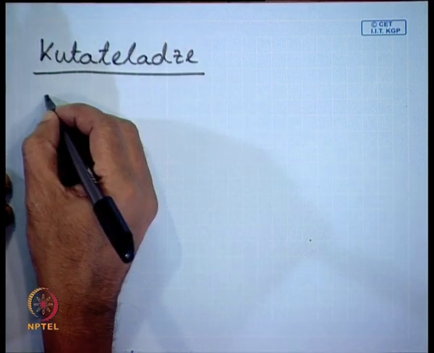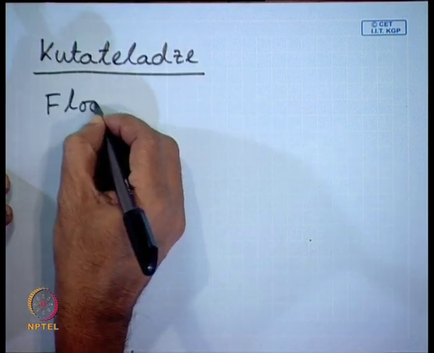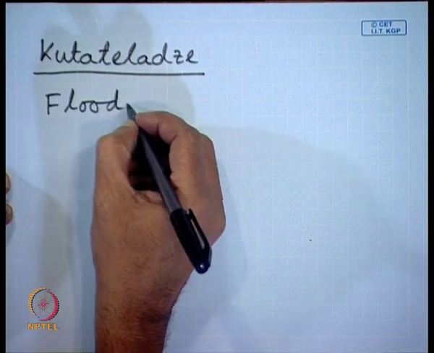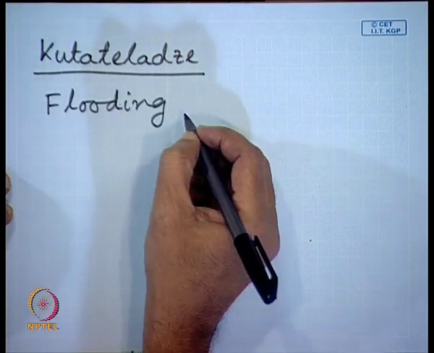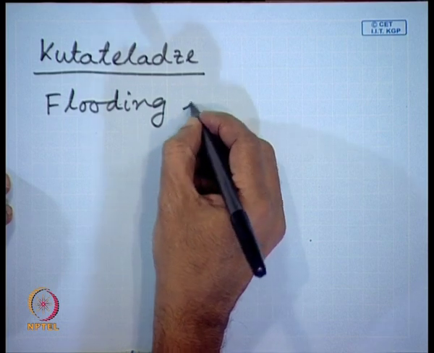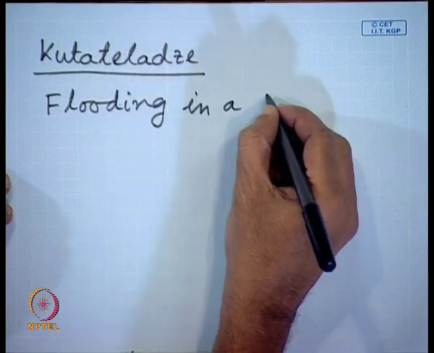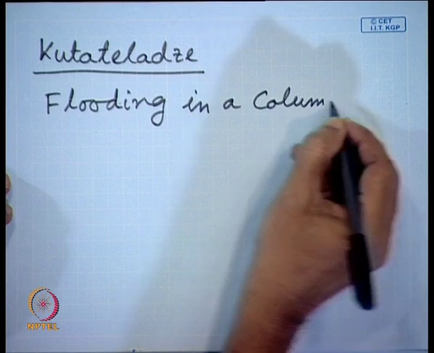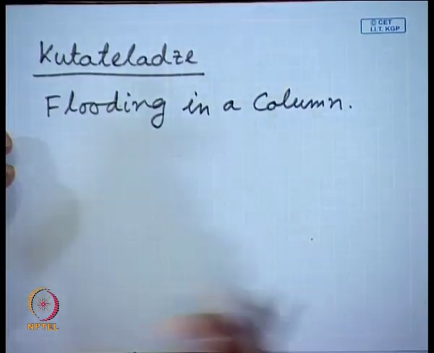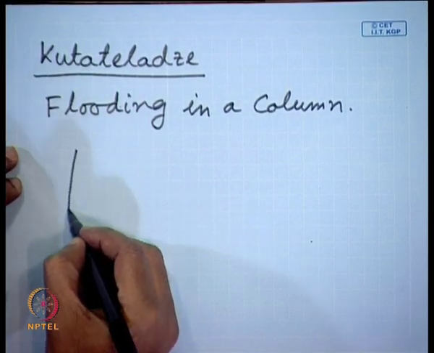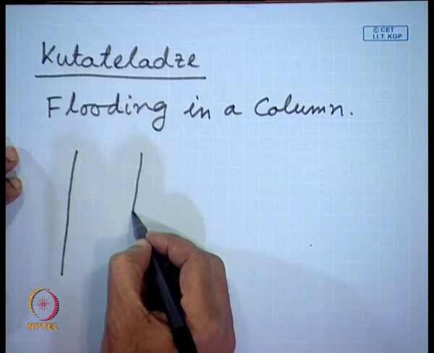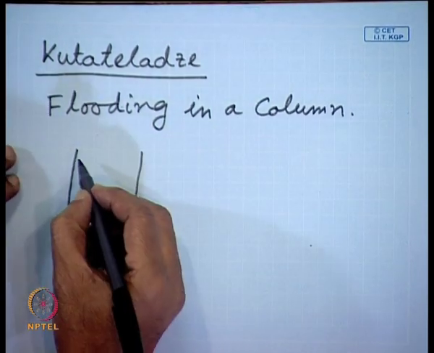Now, so what he has told that flooding in a column, what is flooding in a column? So, suppose we have got a tube. Okay.